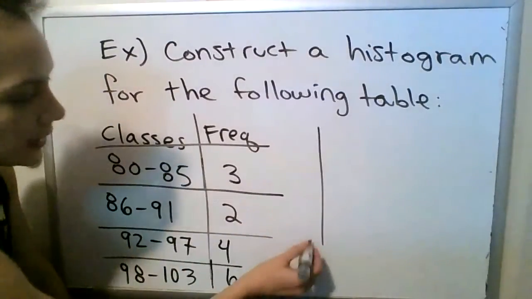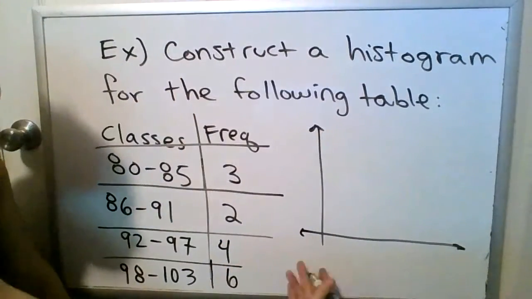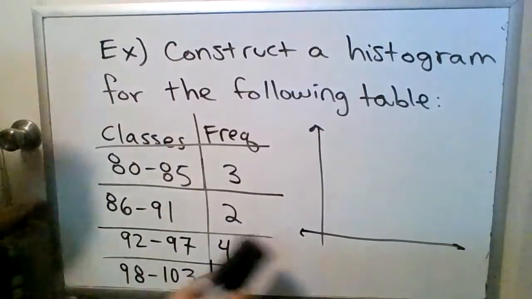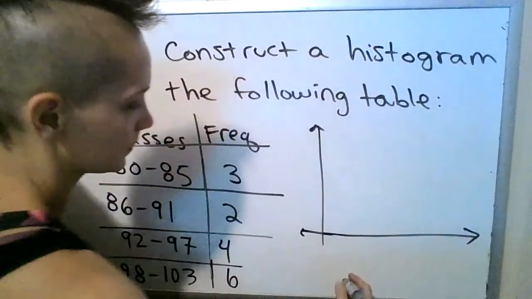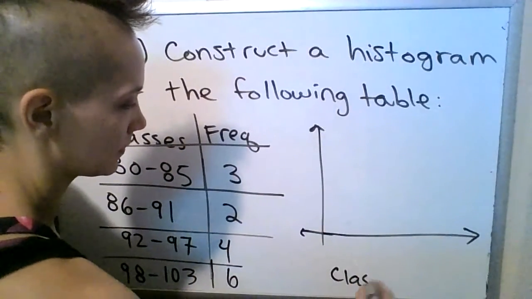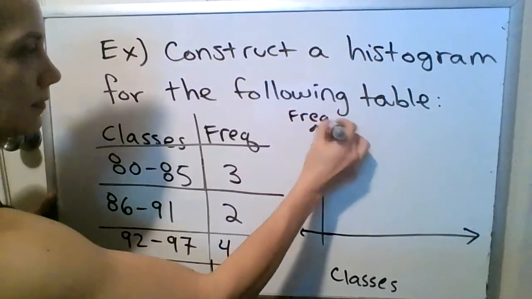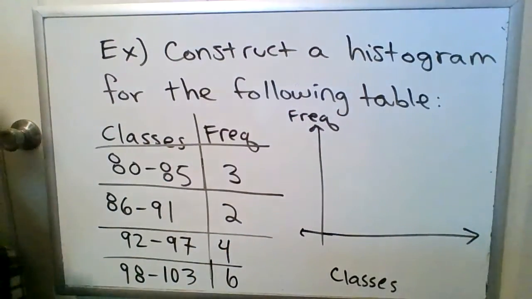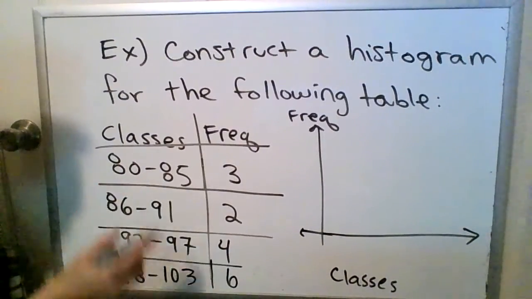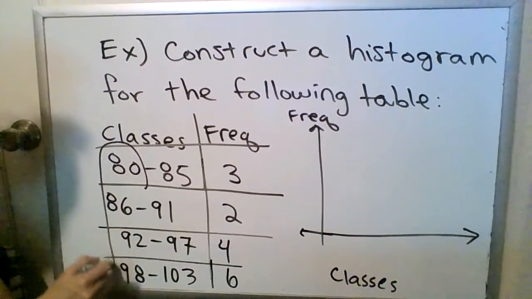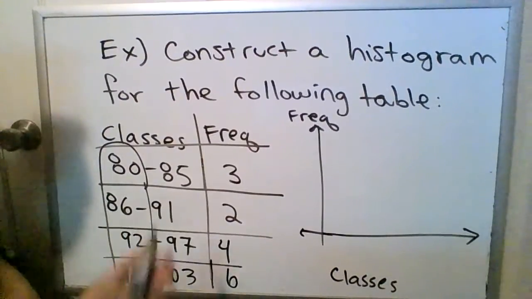We need a place for classes, and then the other will be frequencies. I like to put the classes on the horizontal side. And I'm going to put a little space between 0 and 80, and we're going to place 80, 86, 92, 98, and 104 on.